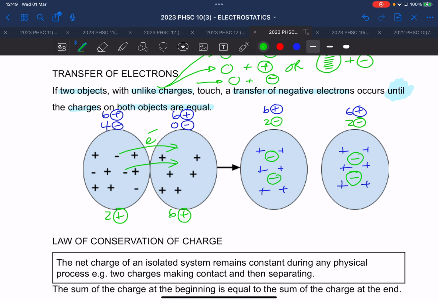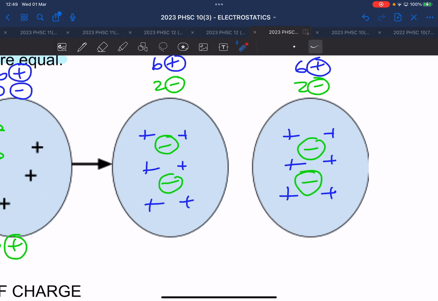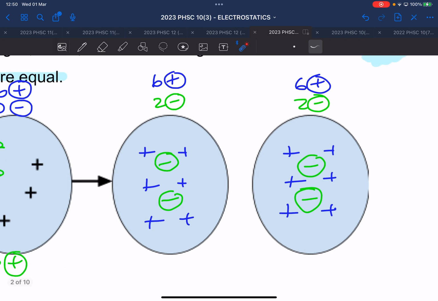So what is the net charge on the first one? So 6 protons and 2 electrons. What is the net charge on the first one? 6 positive, 2 negative. When you add them together, what do you get?